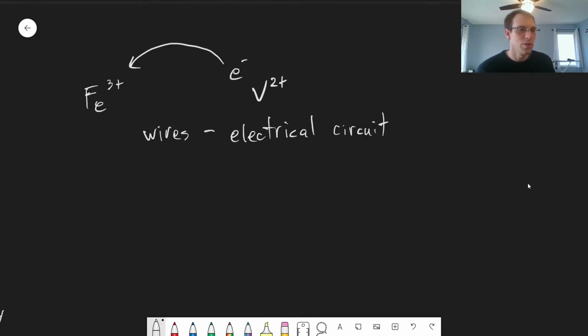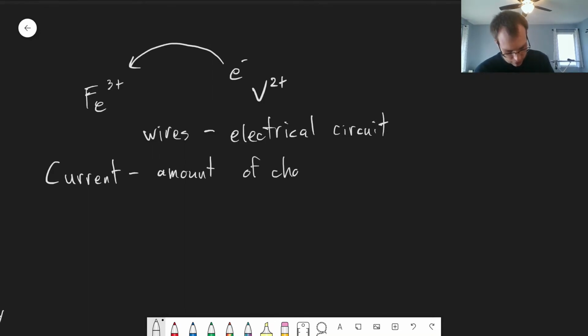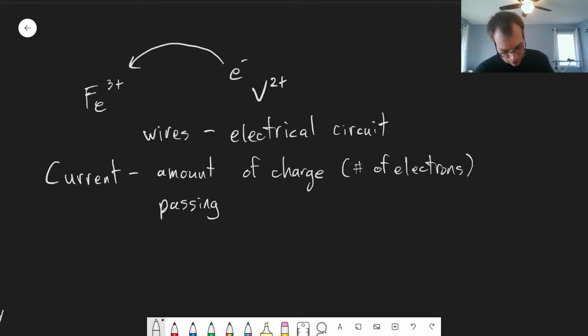But there are two different properties related to the electricity here that we can measure. So first is the current. Current is an amount of charge, which is equivalent to a number of electrons, passing a certain point in a given amount of time.